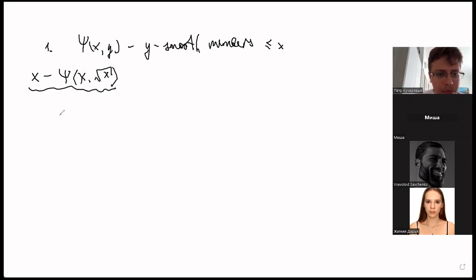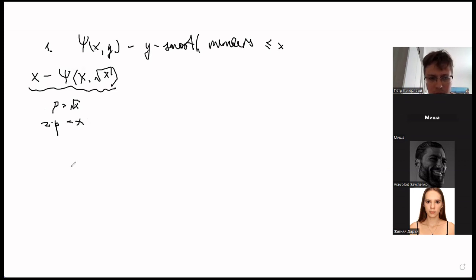For example, if we take a prime which is bigger than square root of x, then 2 multiplied by this prime is also not square root of x smooth. Yes, but it will be less than x. It can be less than x, of course.